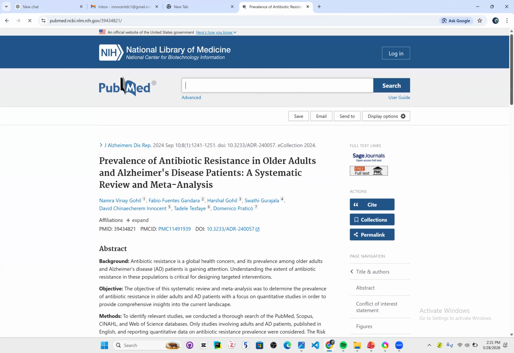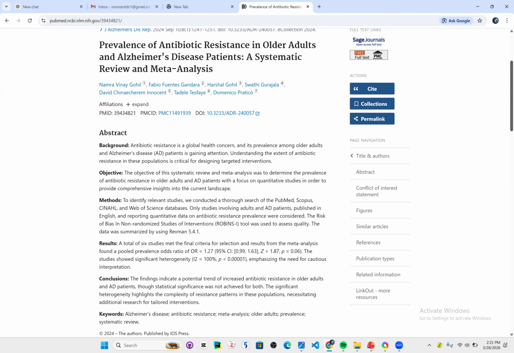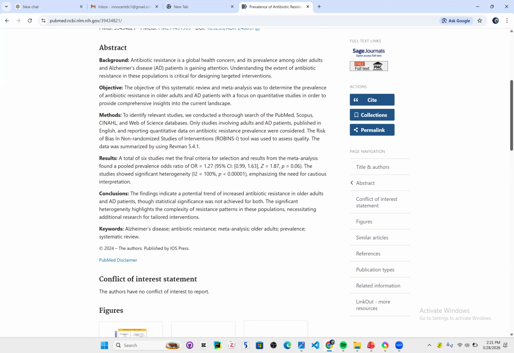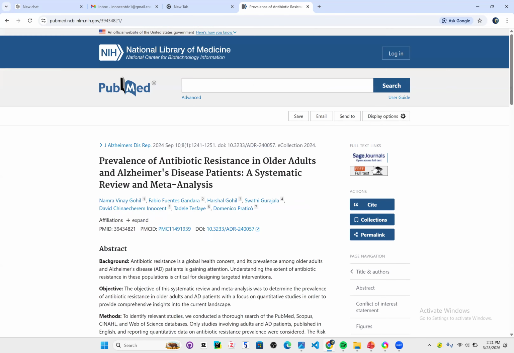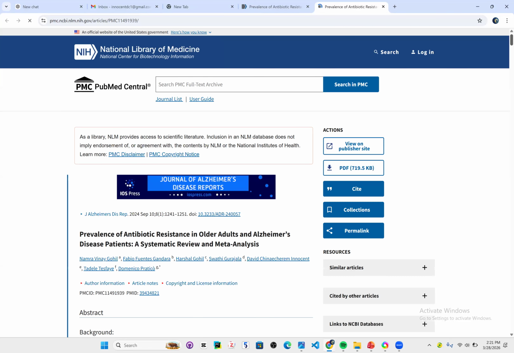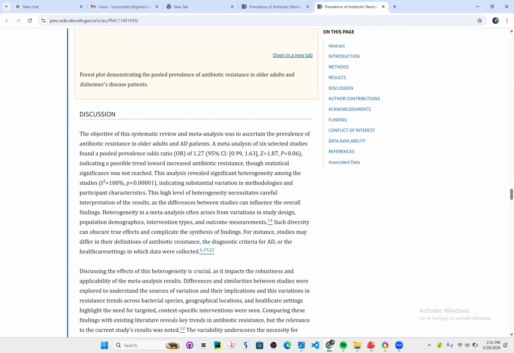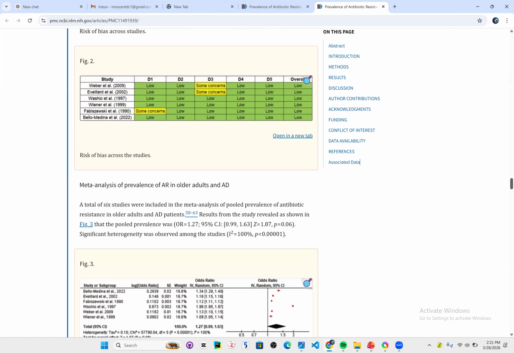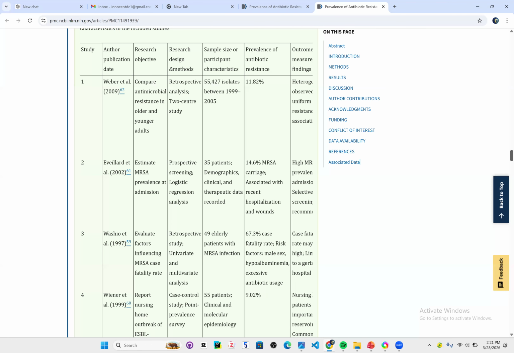This is a paper that we published in the Journal of Alzheimer's Disease Reports. I just want to show you that there are possibilities for you to also pool prevalence and do some meta-analysis. So this is the results section.